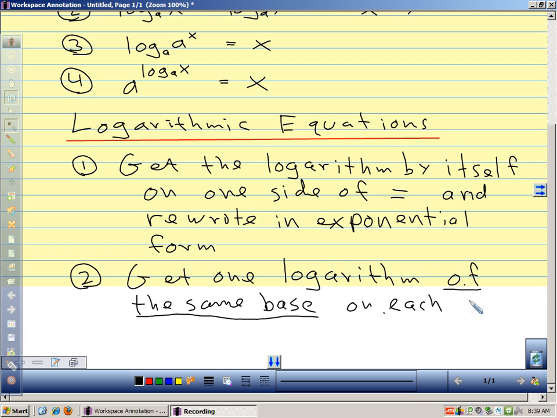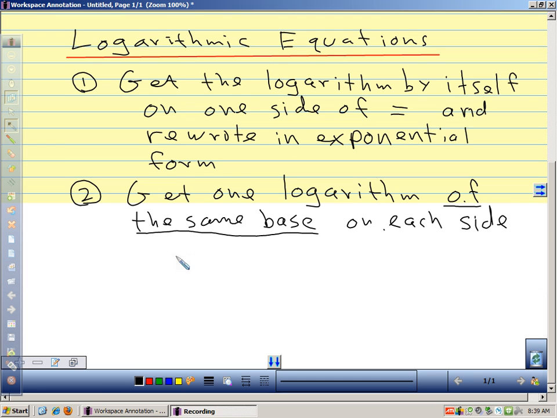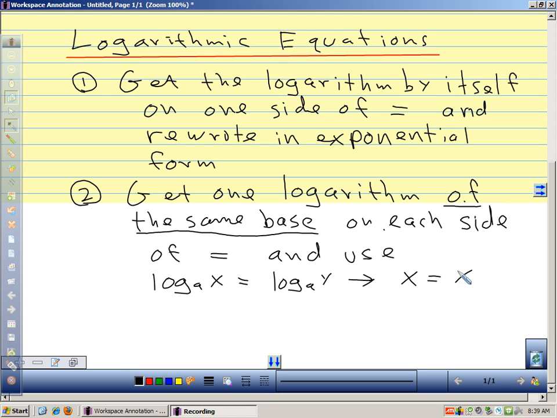Then we use our rule that log base a of x equals log base a of y means that x equals y. We want to make our equation look like this rule. We get a logarithm of the same base on each side, and then we can say that the things the logarithm is acting on are equal. These are the two main rules that we're going to use.